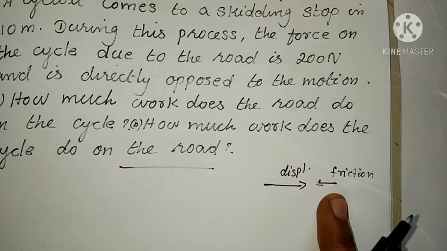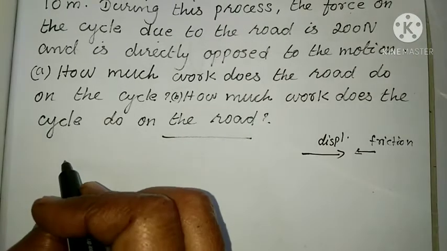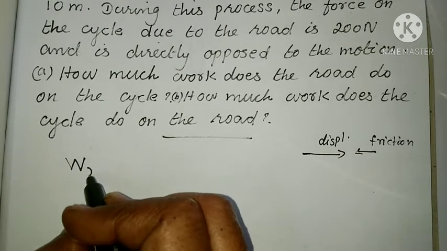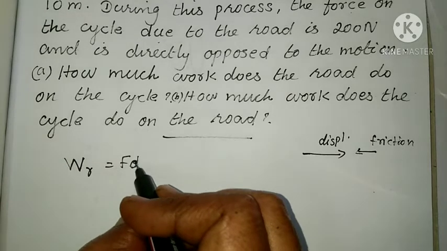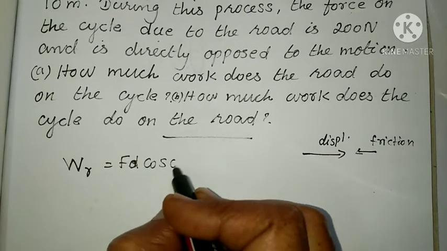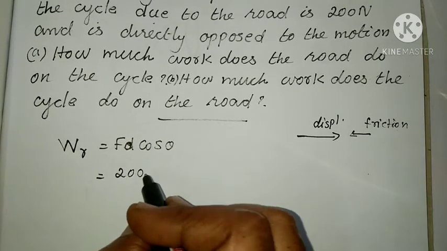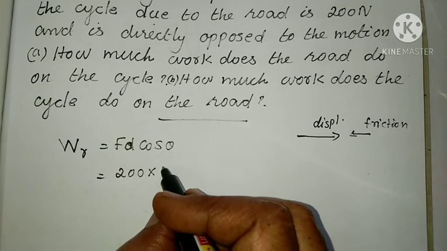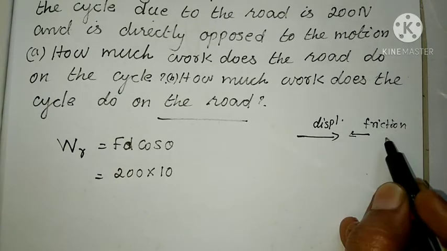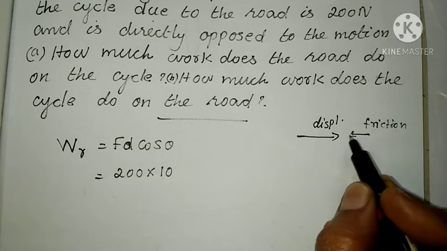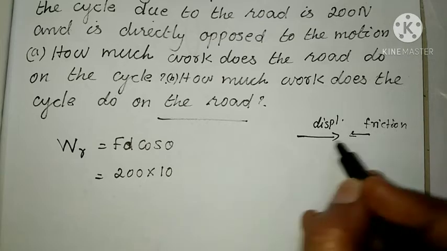Clear? So the work done by the road, according to the formula, is Fd cos theta, that is equal to 200 into the displacement of the cycle, that is 10. Then the angle between the displacement and the frictional force by the road on the cycle is 180 degree.